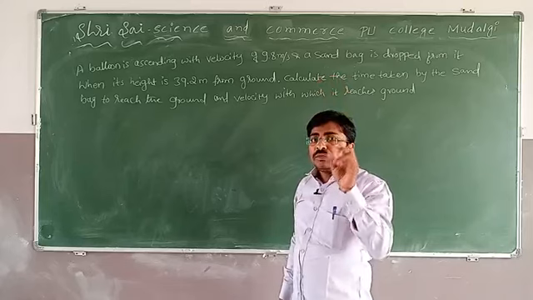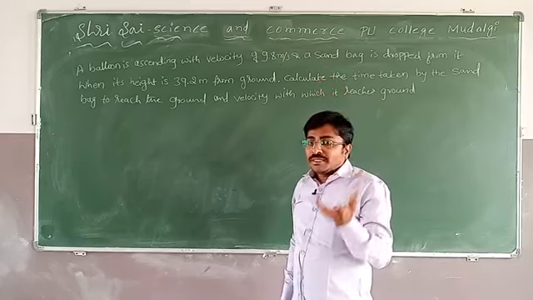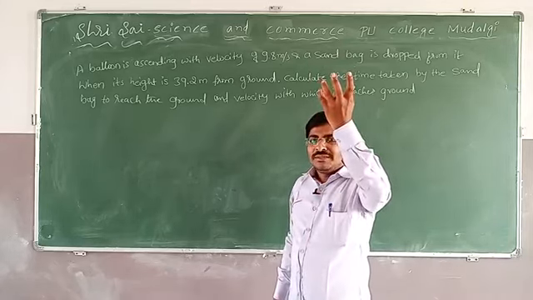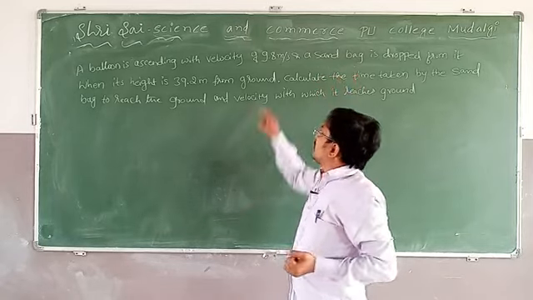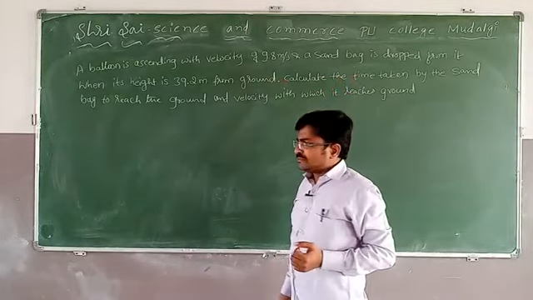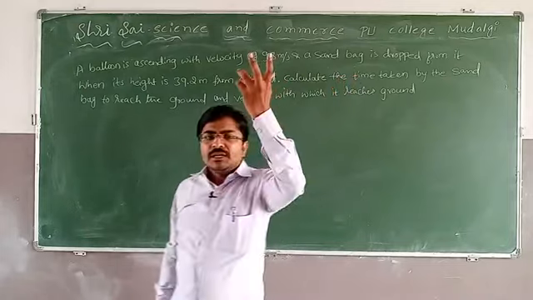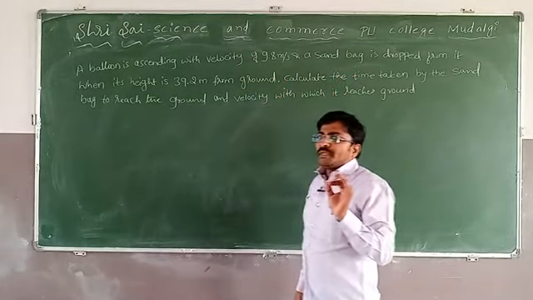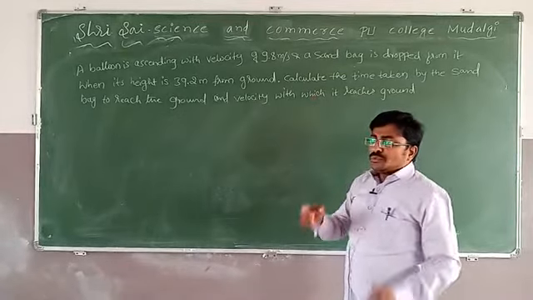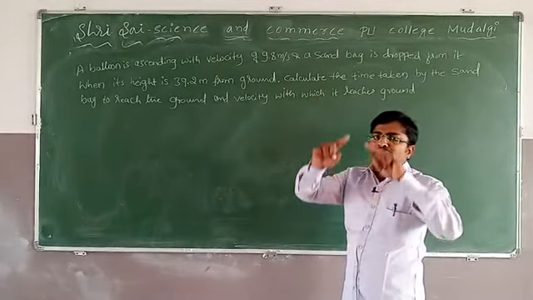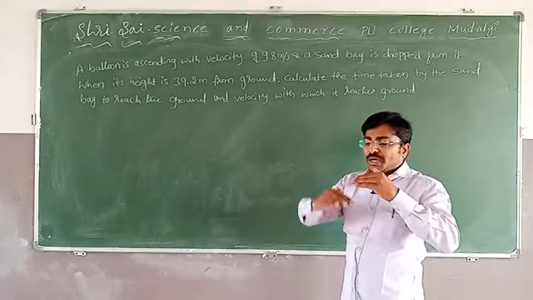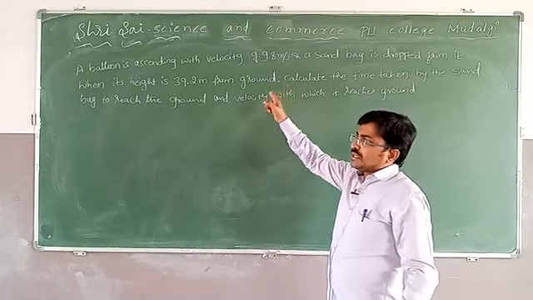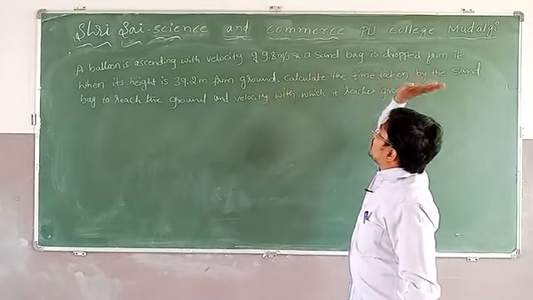Inside that balloon, one sandbag is there. That sandbag is also moving with the balloon, so its velocity is the same, 9.8 meter per second. Remember, when the balloon goes up, the sandbag also goes up with it. When it is moving upward, automatically its velocity is also 9.8 meter per second.